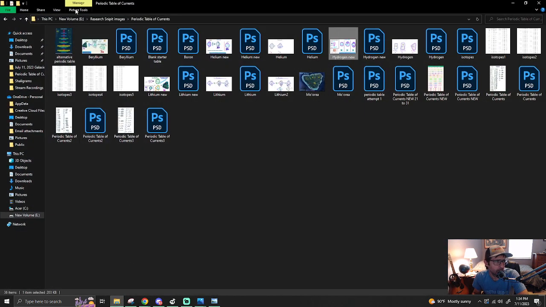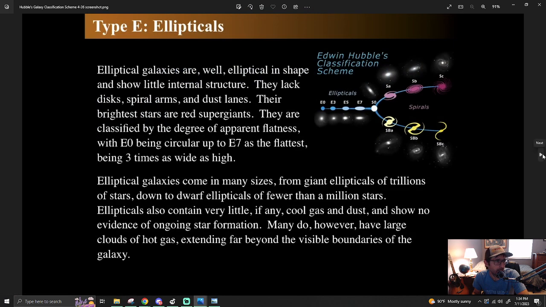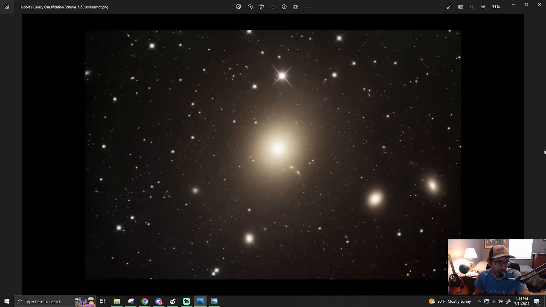Might as well finish these slides for this video. Image of M87. So it's just pretty much just like a blob. Not too exciting in and of itself, just like a huge globular cluster maybe.